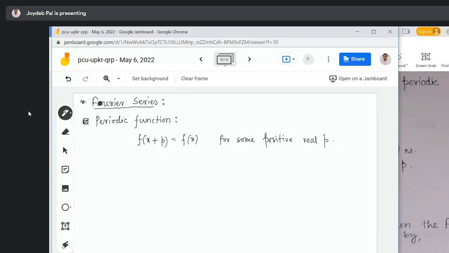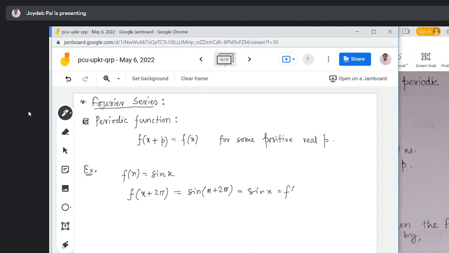Like f(x) equals sin x. It is periodic. Do you agree? It is periodic because if you calculate this at x plus 2 pi, it is sine of (x plus 2 pi), which is nothing but sin x.